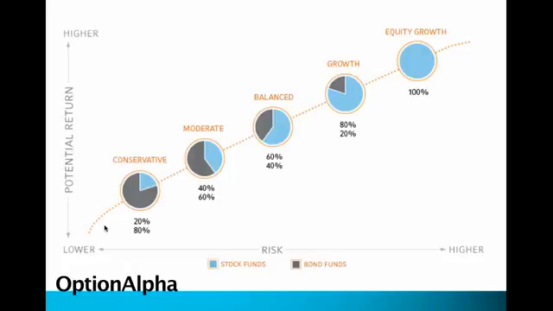Again, you can look at it kind of like this as a stocks versus bond portfolio, right? If you have higher and lower risk on the bottom scale and potential return higher and lower on the vertical scale, you can see that a conservative portfolio made up of mostly bonds is going to be lower risk but also lower return. A balanced portfolio that's about 60% stocks and 40% bonds is going to be about middle of the road.